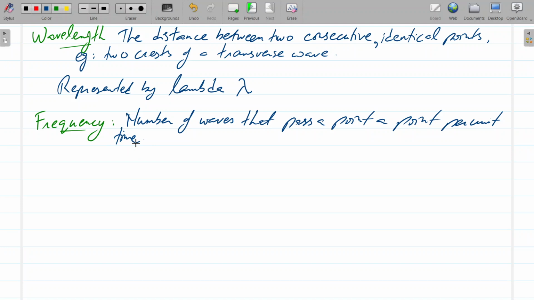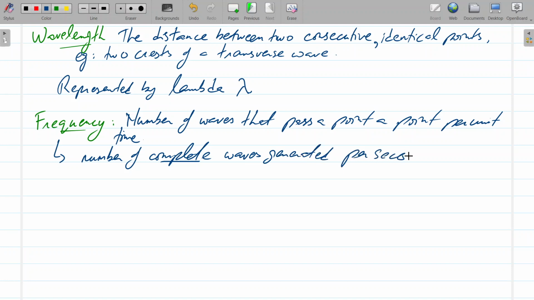Basically, in other words, it is the number of complete waves generated per second.